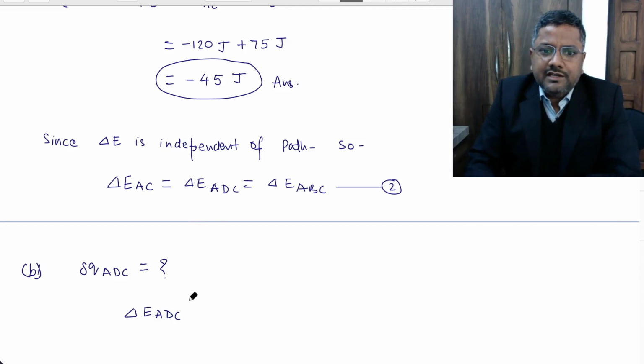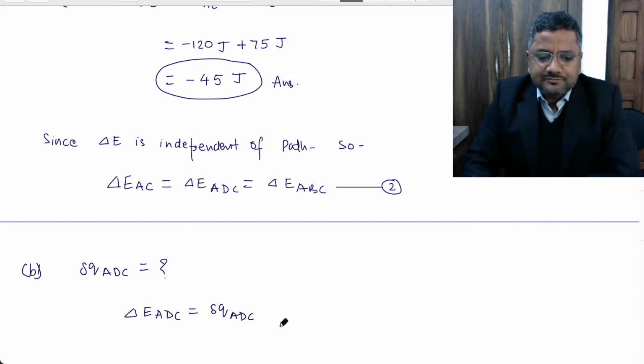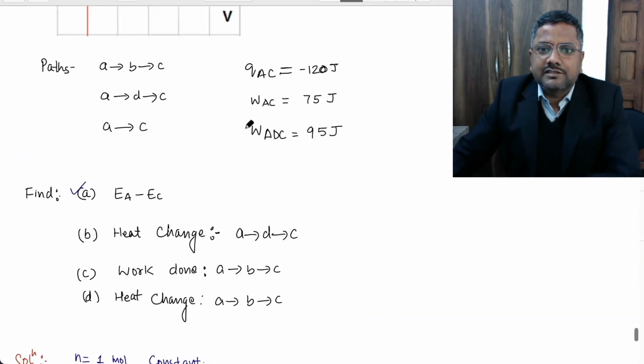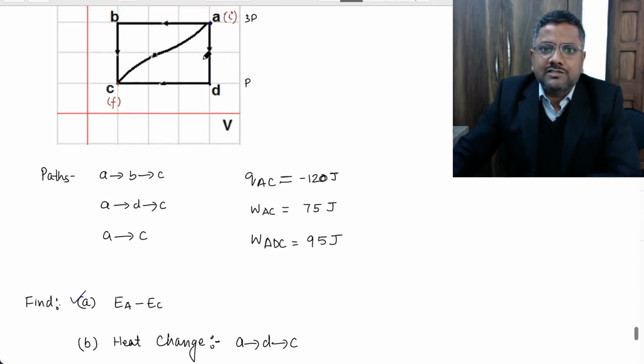Delta E ADC is equal to delta Q ADC plus delta W ADC. The work along this path is given. Although all of you know that from here to here the work is zero. WAD is zero: constant volume, an isochoric process, so PV work is zero.